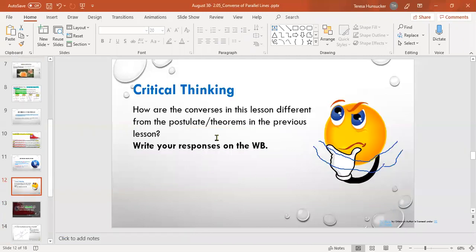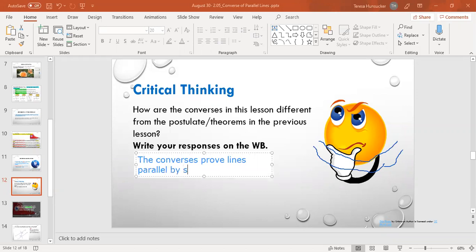So how are converses in this lesson different than in previous lessons? What do you think? The converses prove lines parallel. That's the most important thing you have to remember.